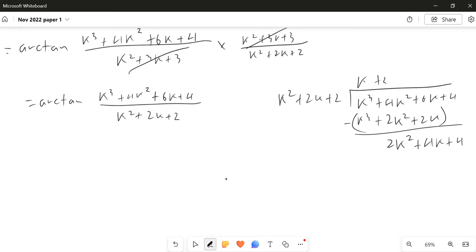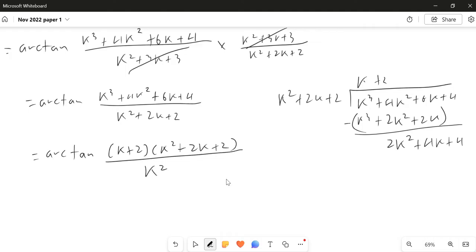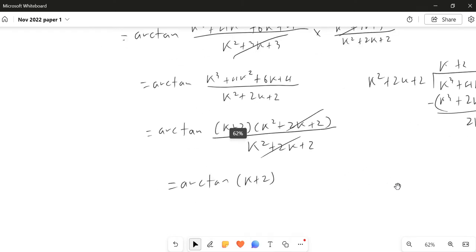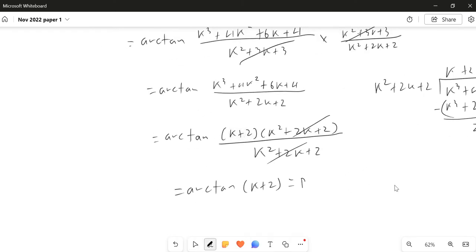So then we'll know it equals arctan of k plus 2 times k squared plus 2k plus 2, all over k squared plus 2k plus 2. And then these cancel out, so we get arctan of k plus 2, which equals the right hand side.